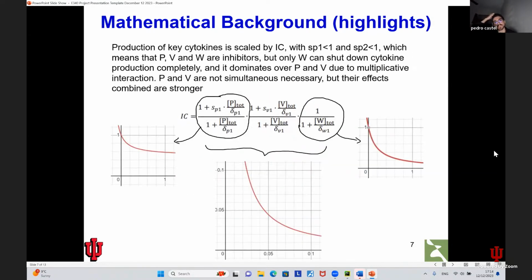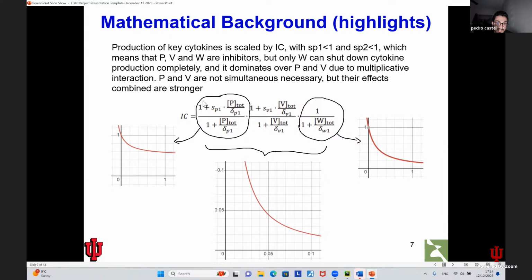IC, which is that coefficient multiplying the TNF alpha mRNA production, depends on P, V, and W levels. P and V proteins are inhibitors, and they behave in the following way.